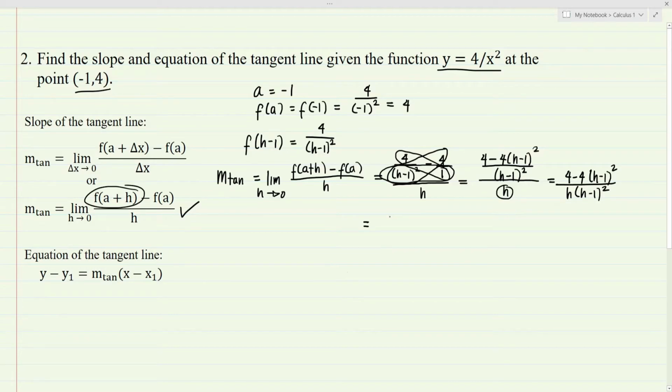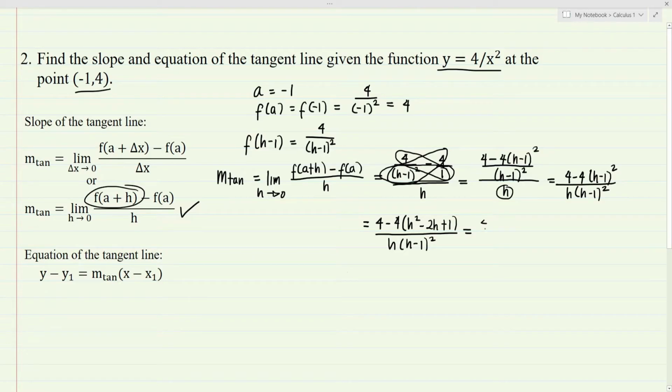Next step is to simplify the numerator. I can now expand the binomial. I would have 4 minus 4 times the expanded form of h minus 1 squared, which would be h squared minus 2h plus 1. Then just copy the denominator, h times h minus 1 squared. Let's now distribute negative 4 to the quadratic expression.